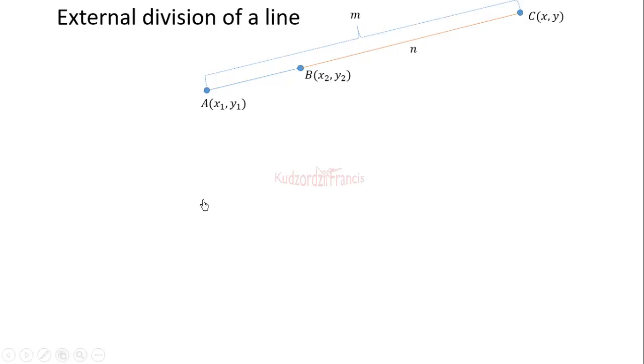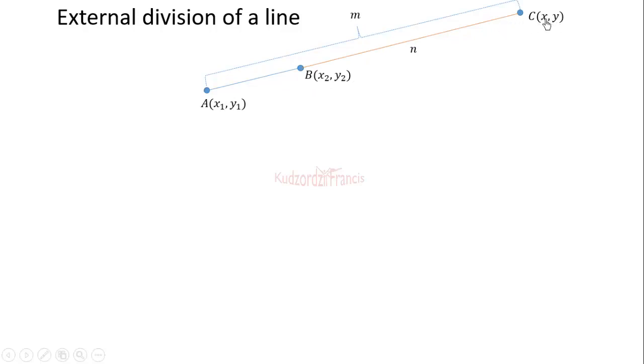Now, how do we derive an expression or a formula that can help us calculate the coordinate of C? So this time we have a line, so we can use the coordinate.